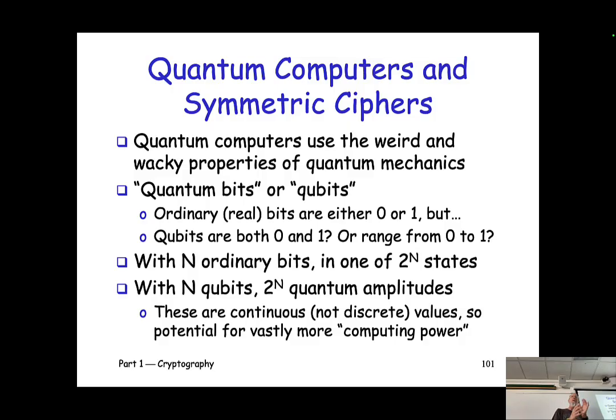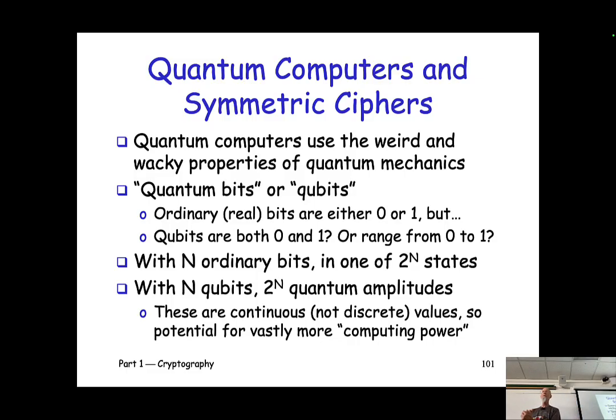And so these quantum amplitudes can take on an infinite number of values, because they're continuous values. I mean, put it in a computer, it's still finite, but it's a huge number of values compared to ordinary bits, which can only be 0 or 1. So the number of possible states is huge. It's vast compared to what you could get with a similar number of bits on a classic computer.